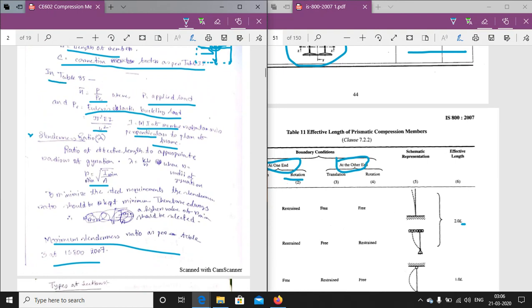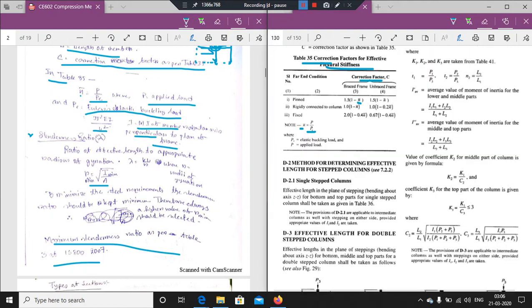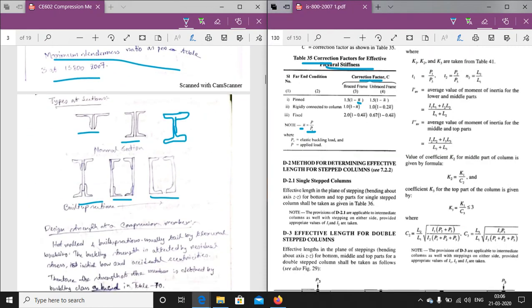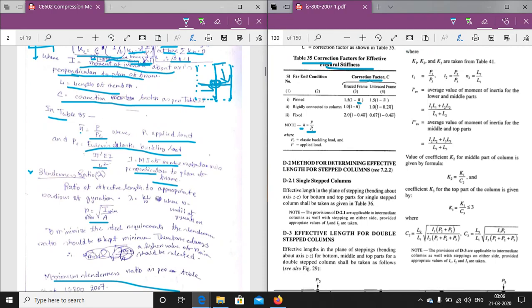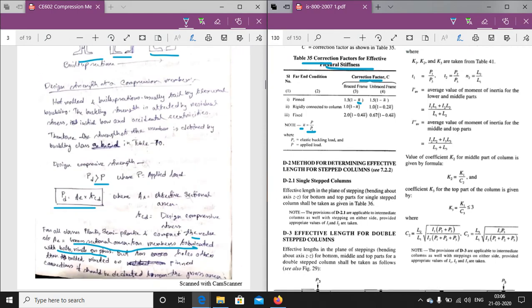Therefore in table 35, we have to determine n dash. Now coming to table 35, for the fixed end we will consider the value of the fixed end.